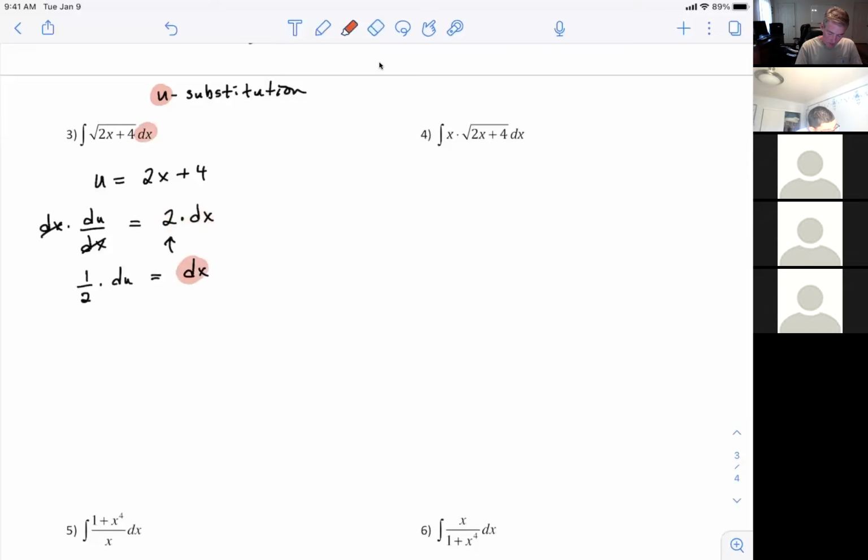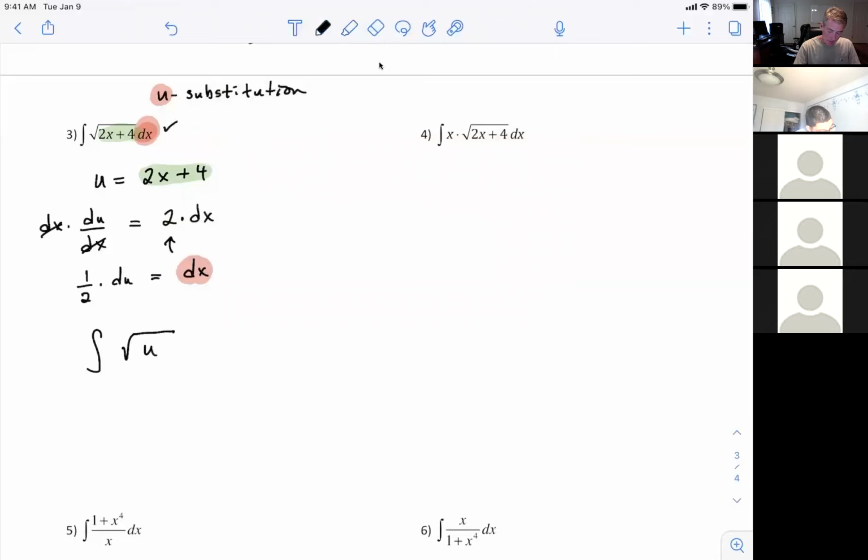So now that this matches what the original problem says, just a dx, we're ready for the u substitution. So it becomes integral and then square root. And then because 2x plus 4 is equal to u, then we have the square root of u.